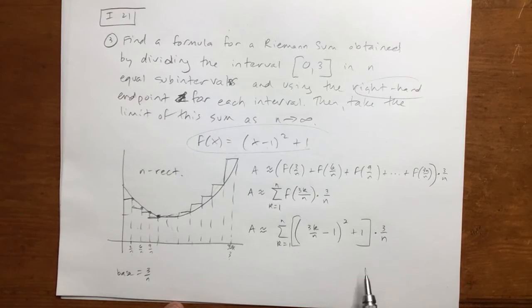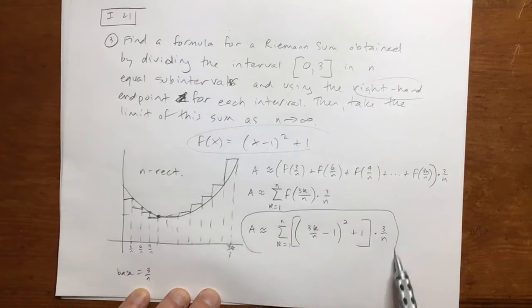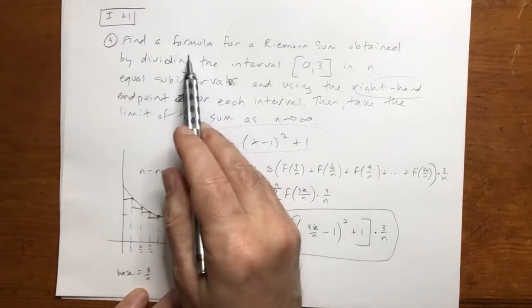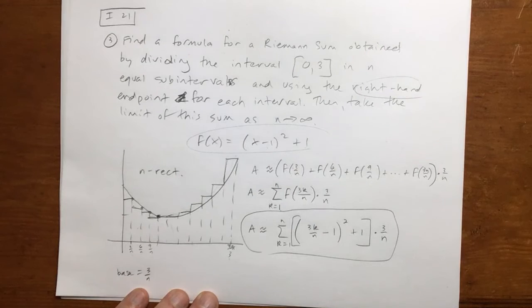And so this would be the answer to the first part of your question: find a formula for a Riemann sum.